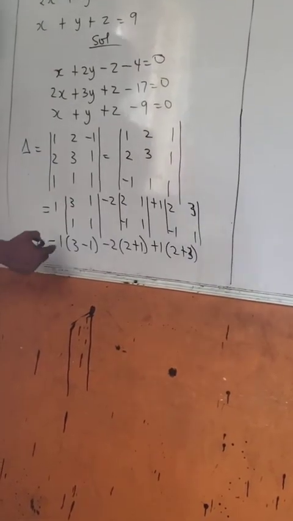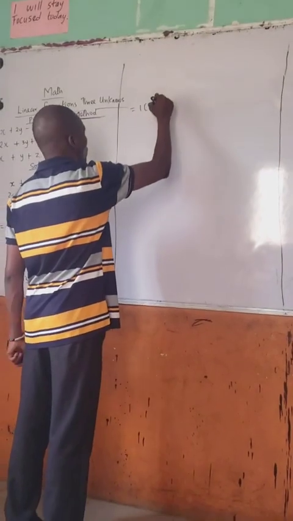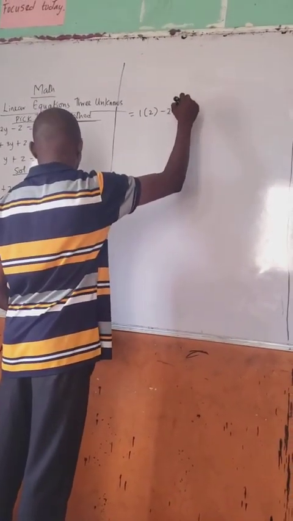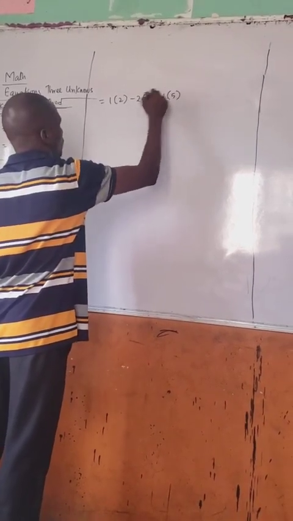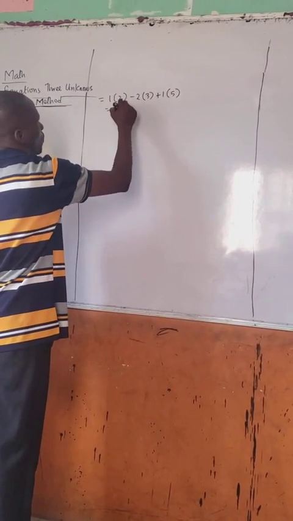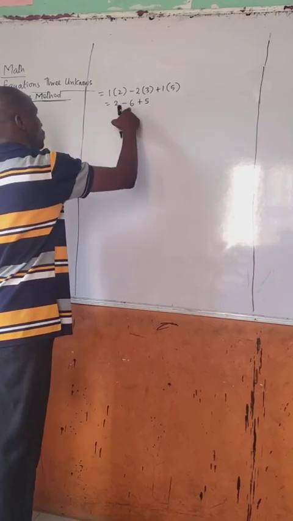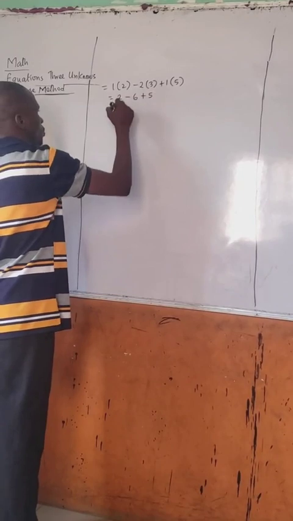So that's 2 plus 3. So from here, we can continue. We have 1 into 2, minus 2 into 2 plus 1, and that gives us 3. Plus 1 into 2 plus 3, that's 5. So this was 2 minus 6 plus 5. 2 minus 6 is minus 4. Minus 4 plus 5 is 1.